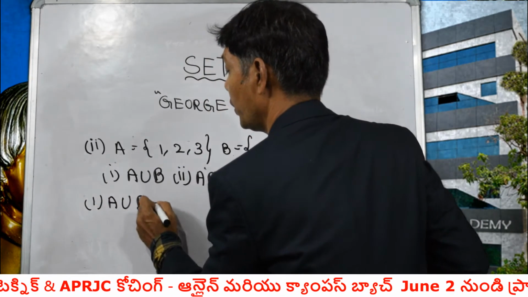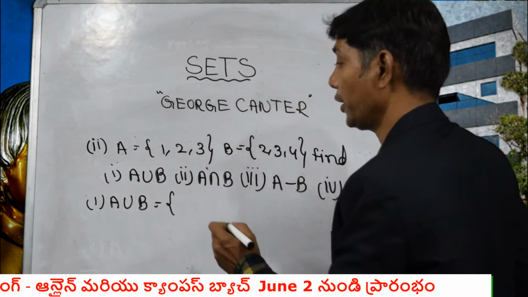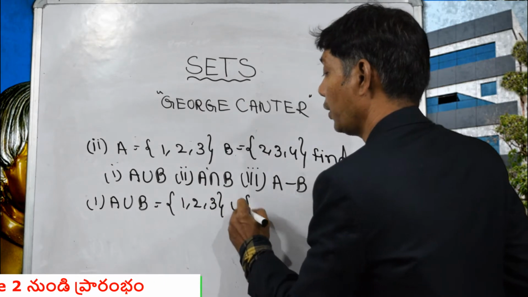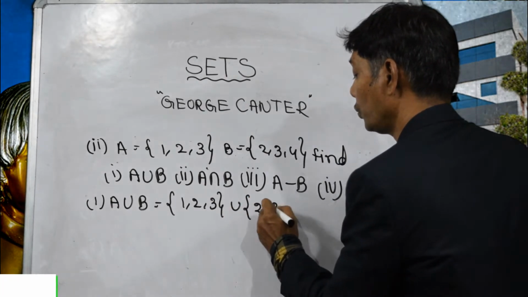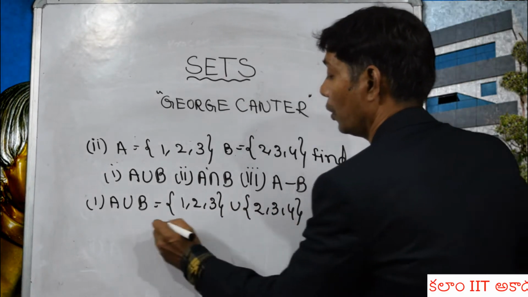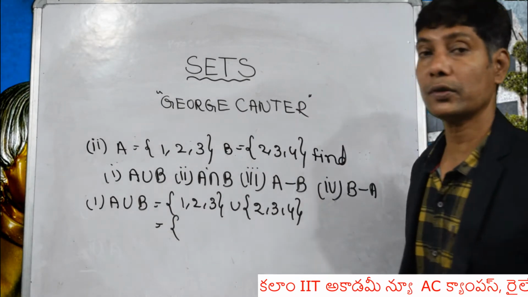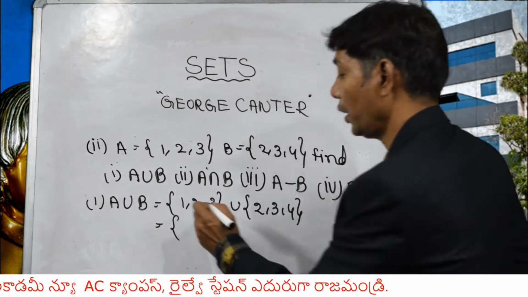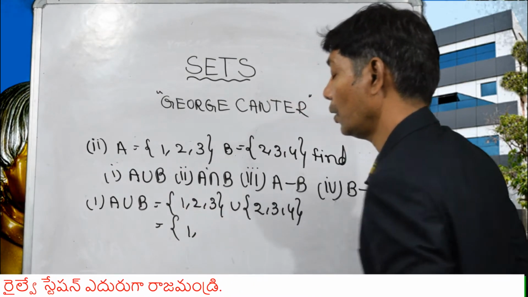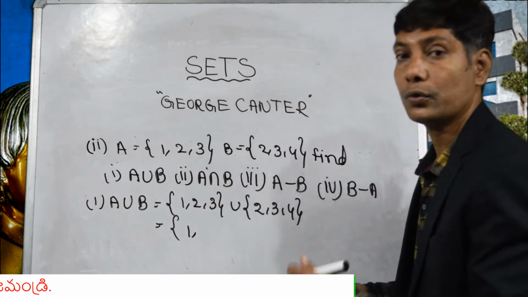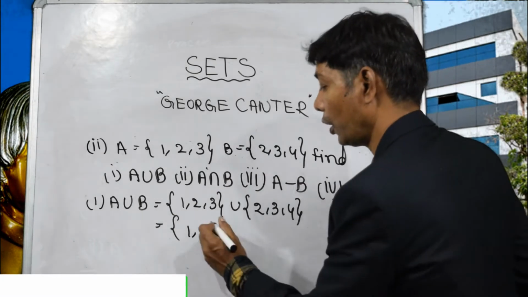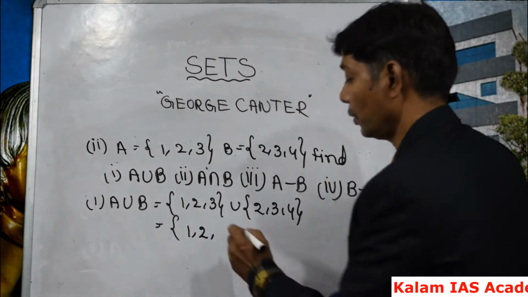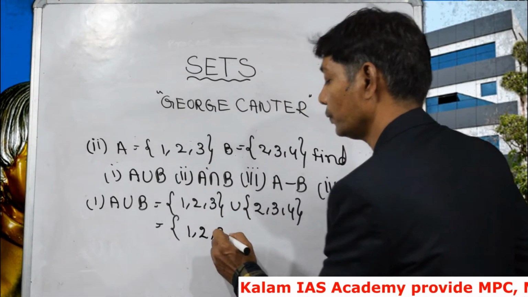A union B means you have to write A elements 1, 2, 3, union B elements 2, 3, 4. Now A union B means you have to write all the elements present in A or B. Here 2 is common, so we should not write it 2 times, only 1 time. 3 is also common, you have to write 1 time only.